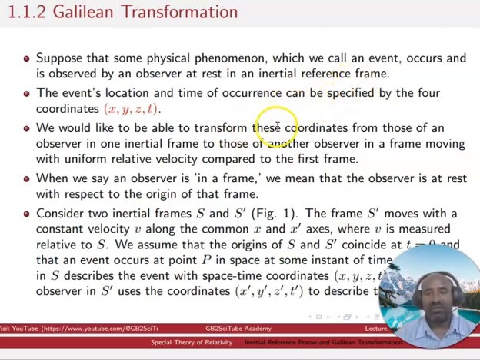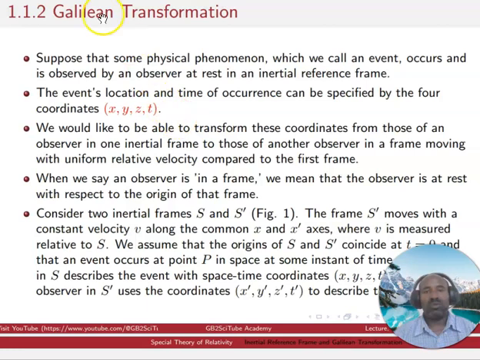This event's location and time of occurrence can be specified by a 4-coordinate system. You can express the event's condition with respect to position and time in 4 coordinates: x, y, z, and time. So you can express the event in terms of these.